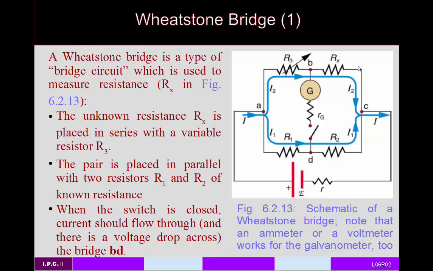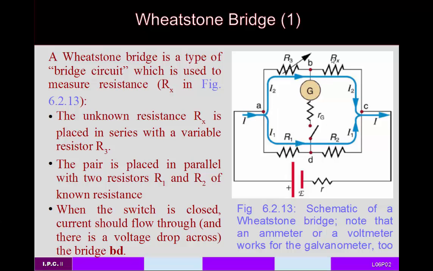So the basic idea is that you have some unknown resistor Rx. You have a resistor of variable resistance R3, and you have two resistors of fixed known resistance R1 and R2.